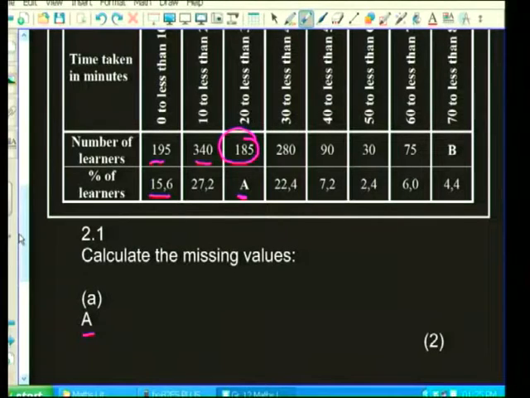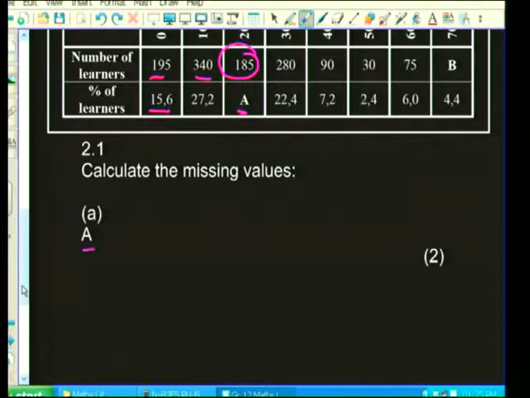So I don't know what that 185 represents as a total, but I can tell you that all the percentages need to add up to 100. So what I'm going to do is add up all of these percentages and subtract that from 100.